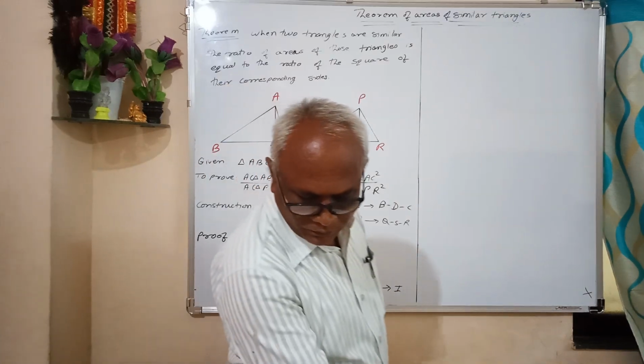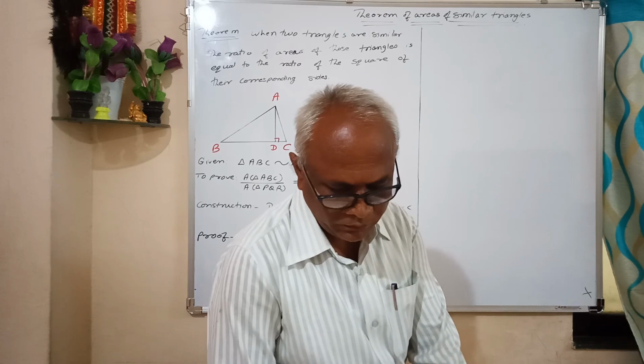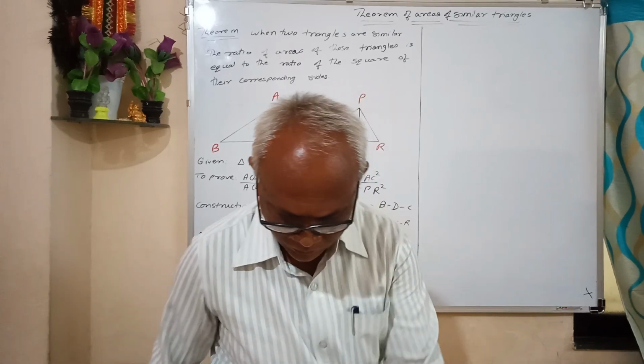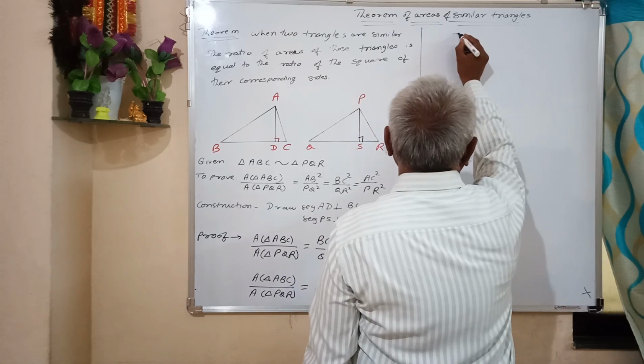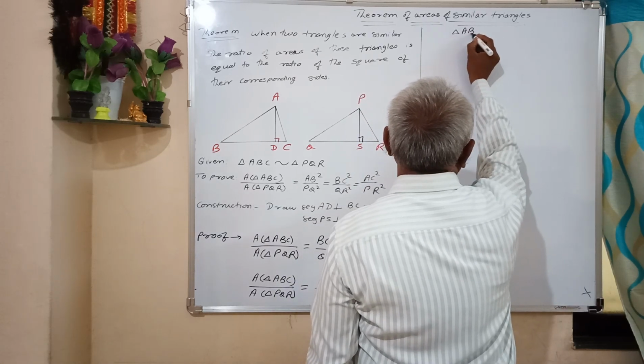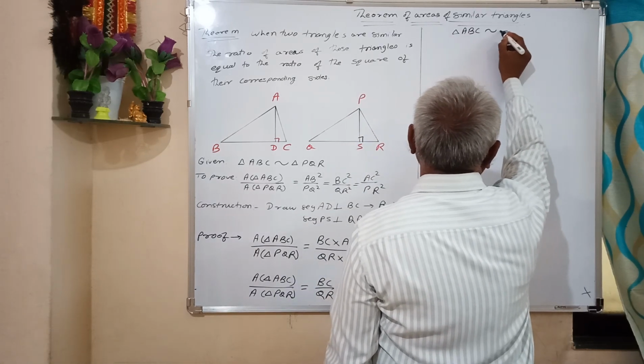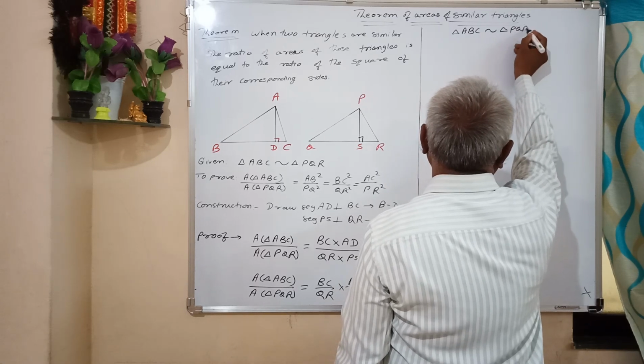Now, triangle ABC is similar to triangle PQR.